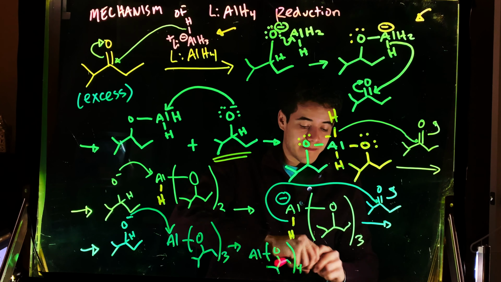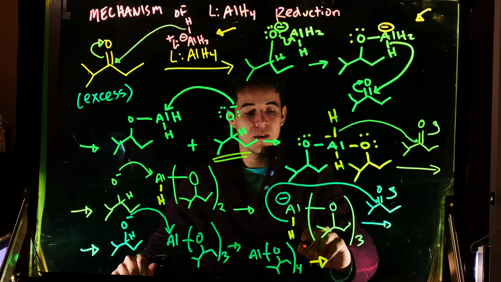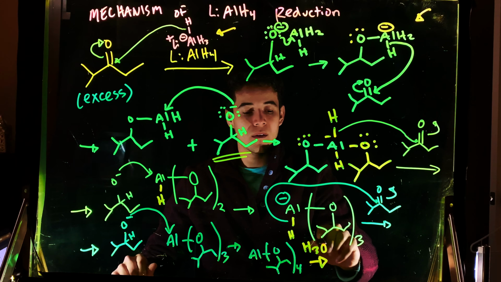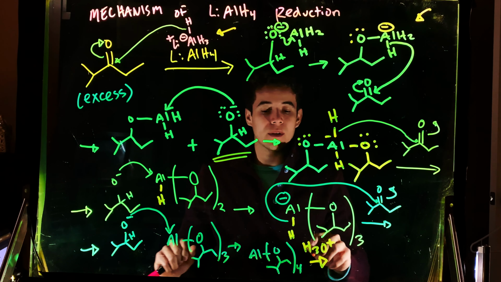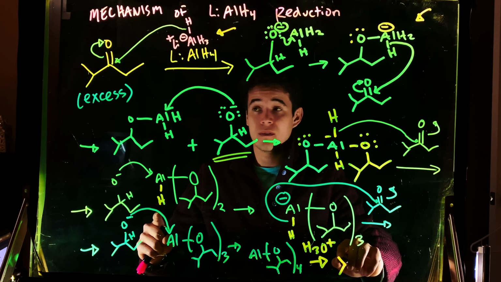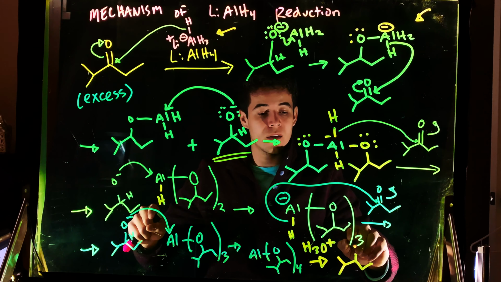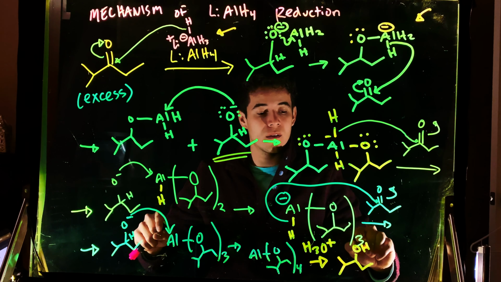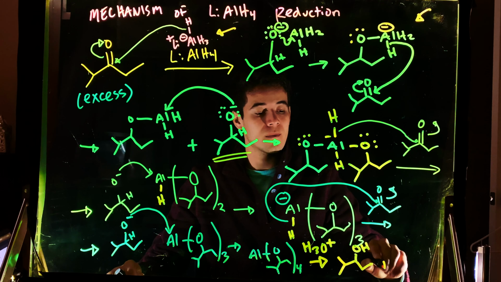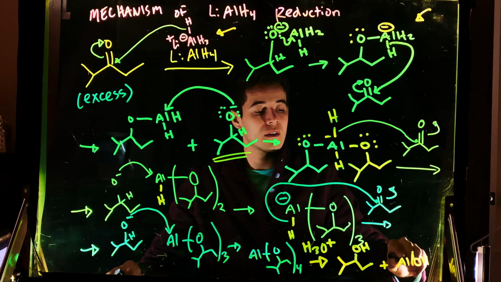The final step, if we do acid workup, down here, then our major product is going to give us the reduction of that ketone. We're also going to get Al attached to 3 OHs, okay?